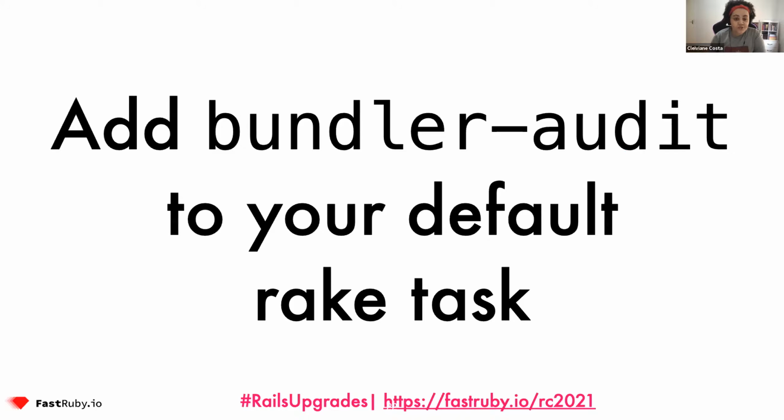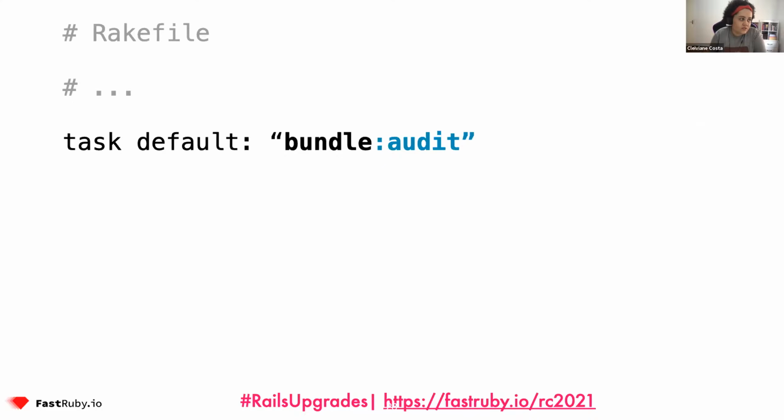Another thing you can do is to add this gem, bundler-audit, to your default rake task. This is a dependency that will help us make sure to run a check every time we run our test suite, for example. This is the task that's provided by the gem. So we need to tweak your Rakefile to just add this, right?